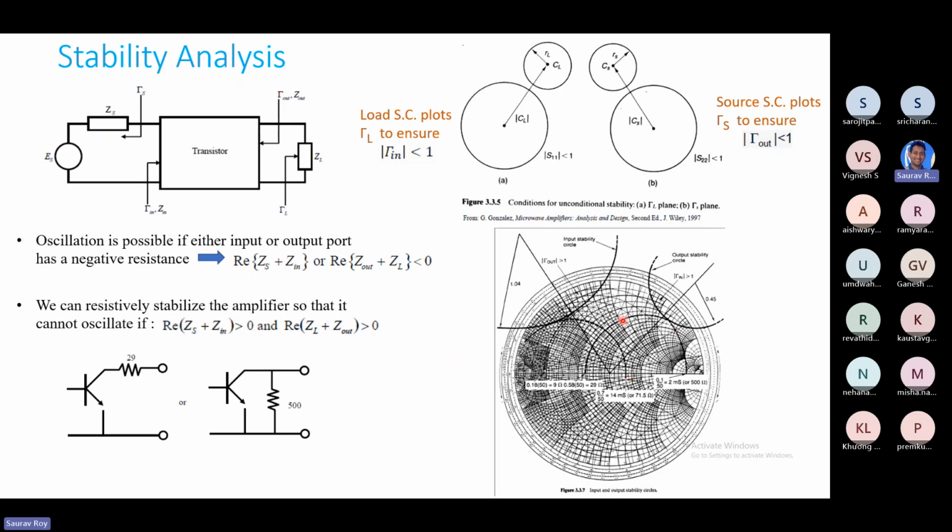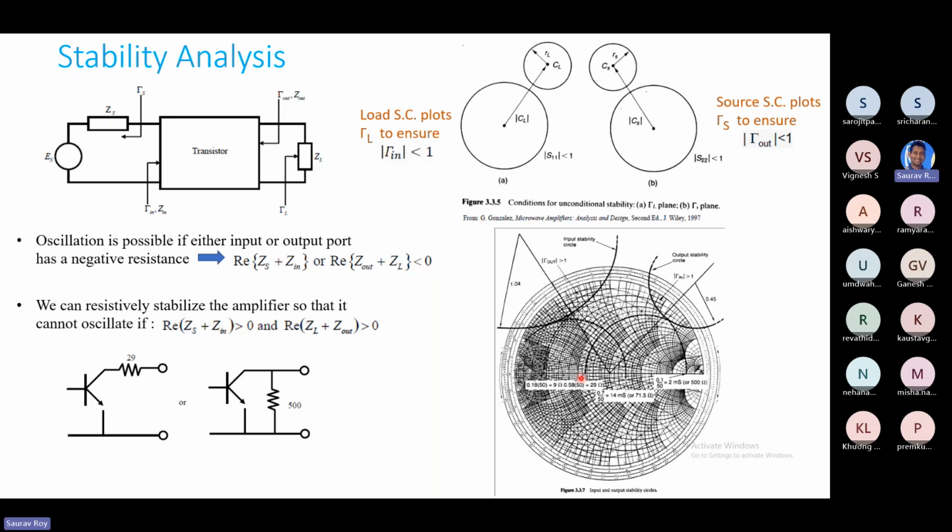Can anybody tell me what the x-axis and y-axis in a Smith chart are? What do you plot? The x-axis is resistance and the y-axis is reactance or admittance.